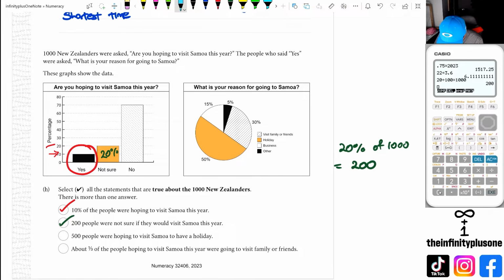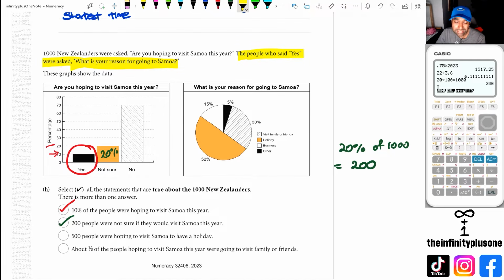What is the reason? Now, if you look at this particular one, this is actually a trick question. When you look at that 50% for holiday, you go, oh yeah, it's 1,000 people going. But if you think about it, the pie graph is only for the people that said yes, because it says here, the people who said yes were asked, what is your reason for going to Samoa?